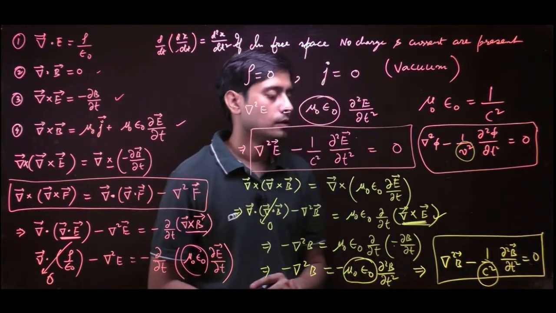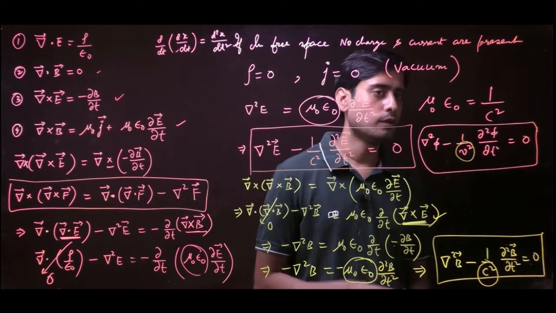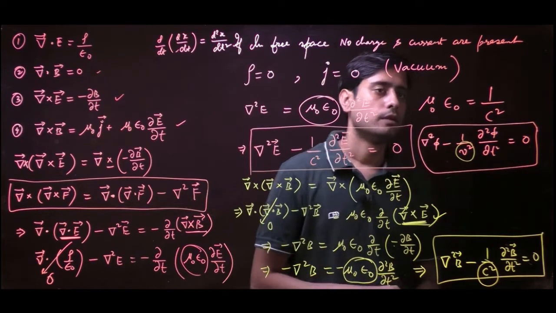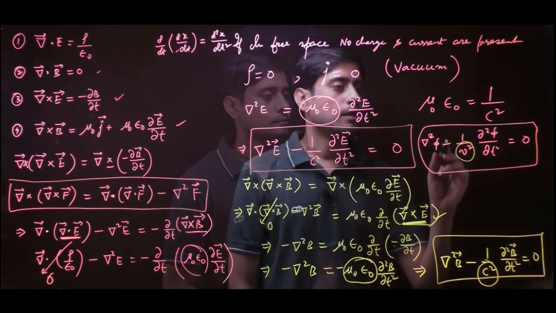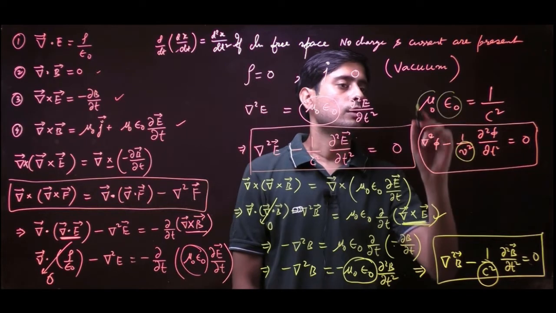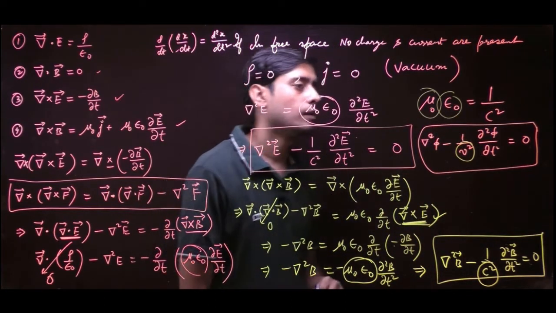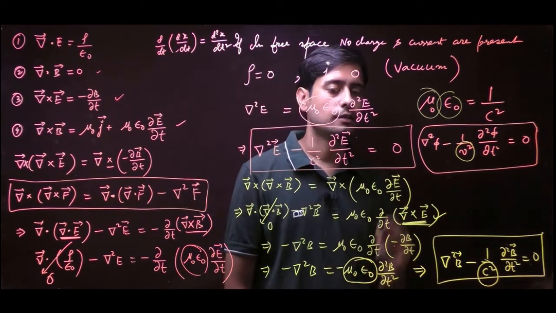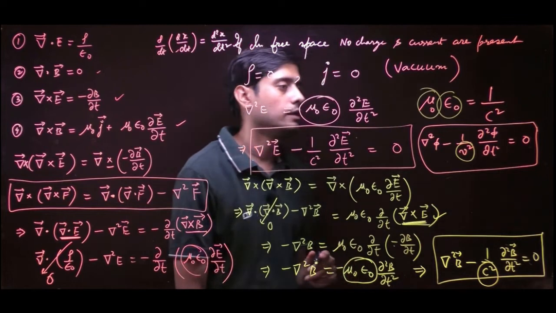So the velocity of light is coming from these two terms, mu naught and epsilon naught, which give you 1 upon c squared, which suggests that it's the wave equation of light.